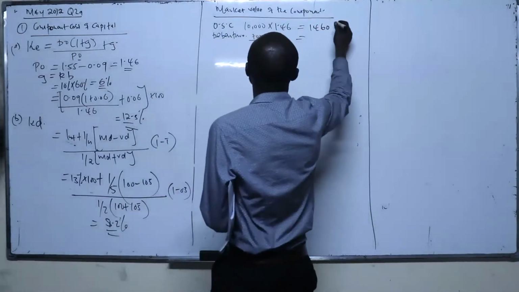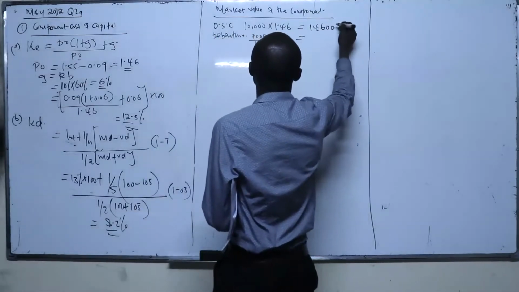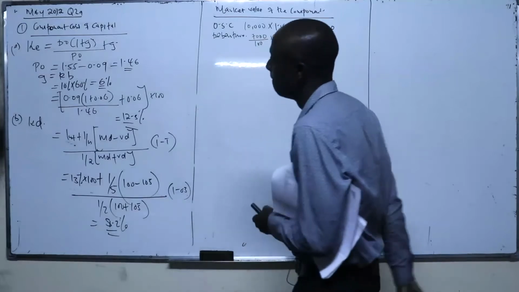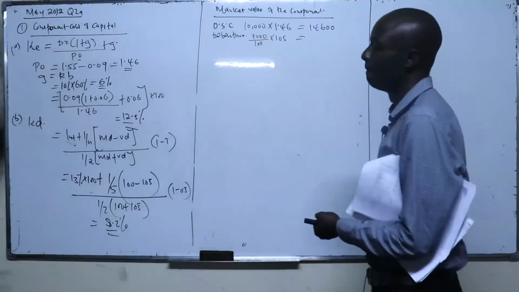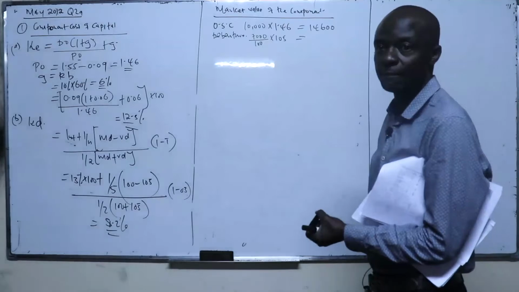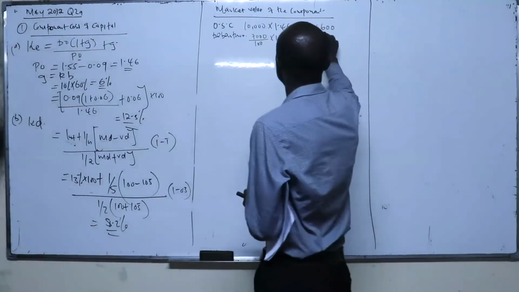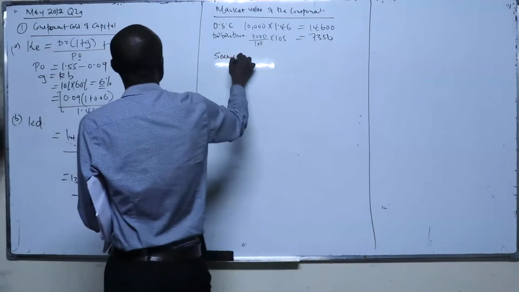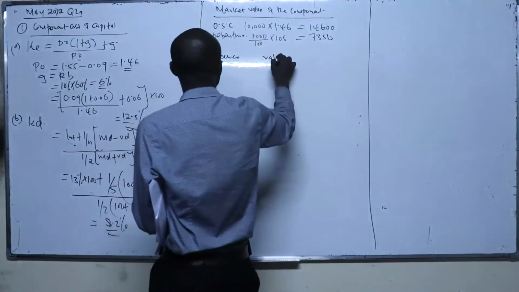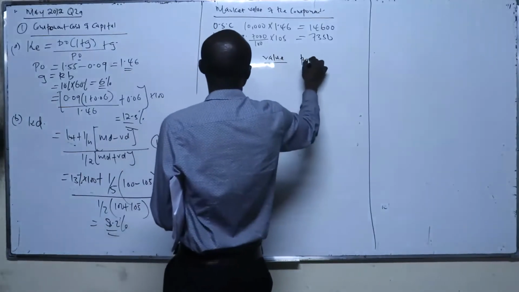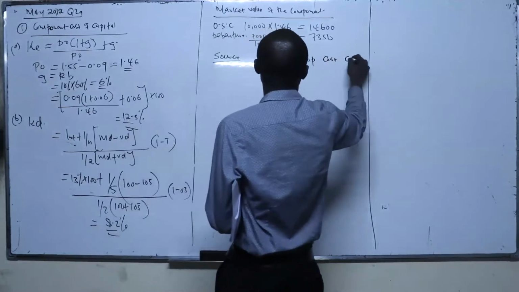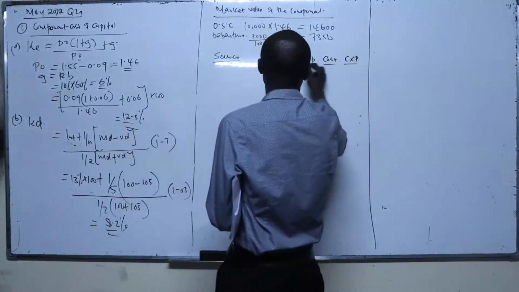So how much do you get here? 14,600. And this other one? 7,350. So here we say source, value, proportion, cost, and then cost times proportion.